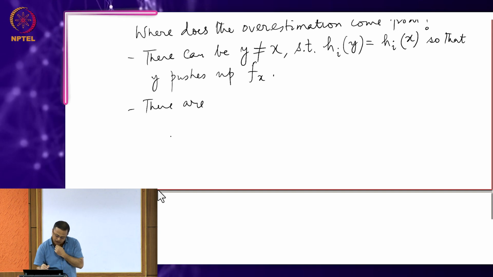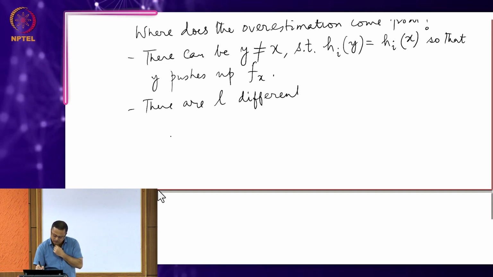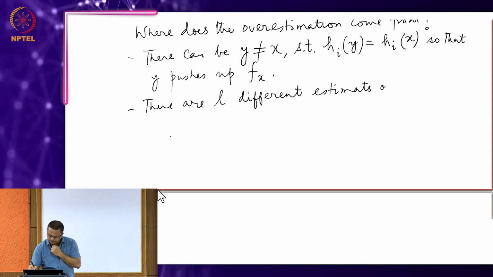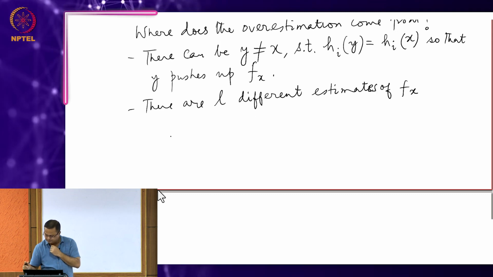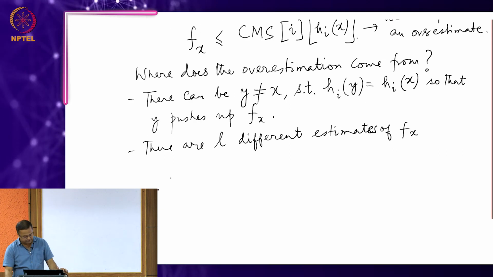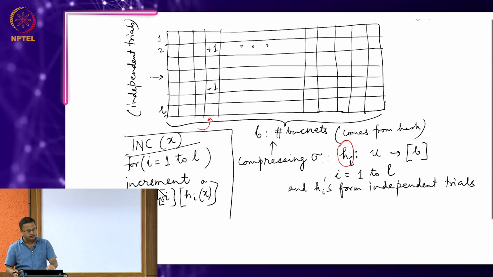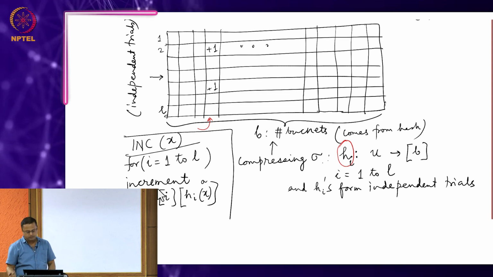I know that there are L different estimates of fx. Right. Whenever you had x, you hashed on to that location and you had independent trials. So, you have L different estimates of fx.